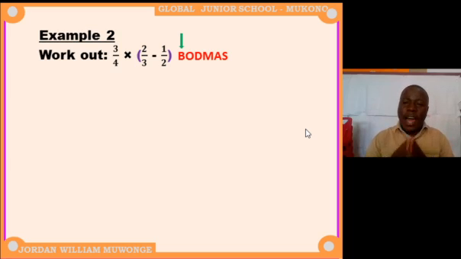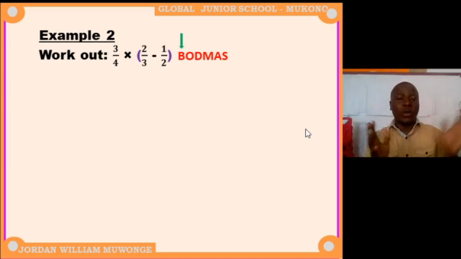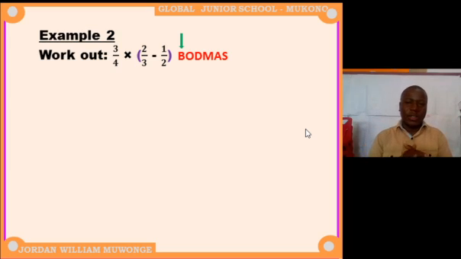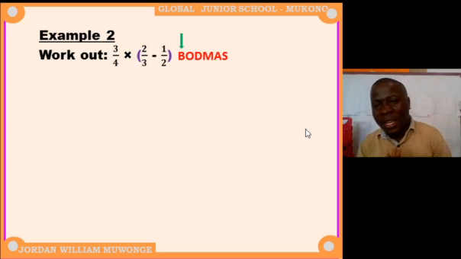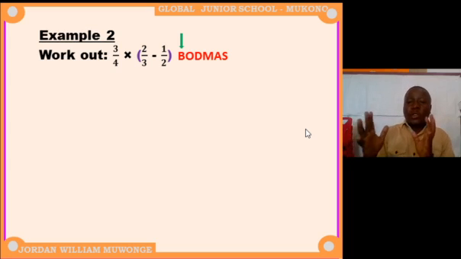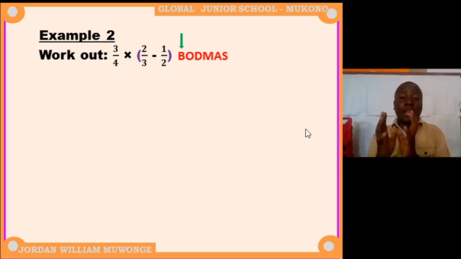Let's first work out what's inside the brackets before we go on to other operations. Meaning that now we are going to first concentrate on the brackets that have been put in the question. And there is subtraction.